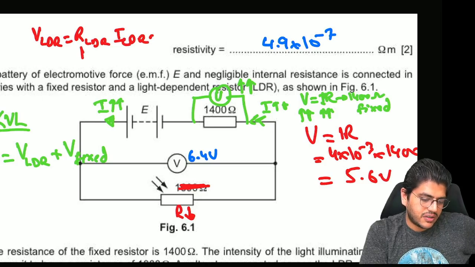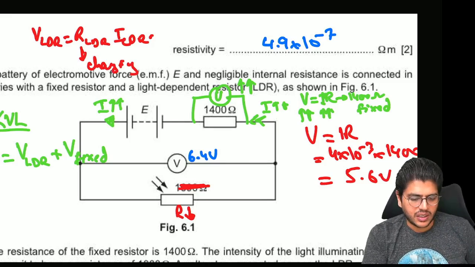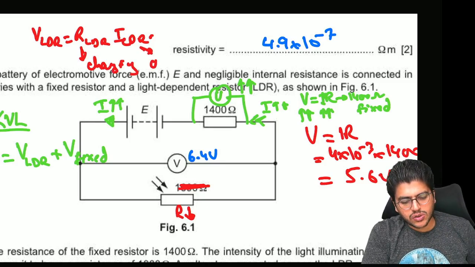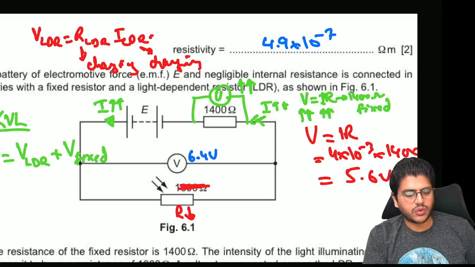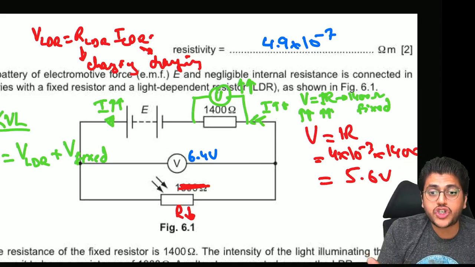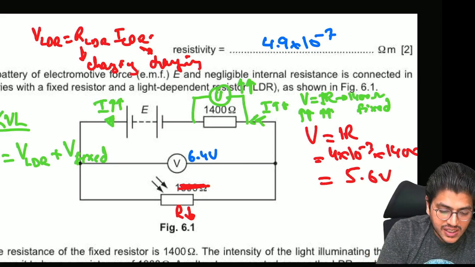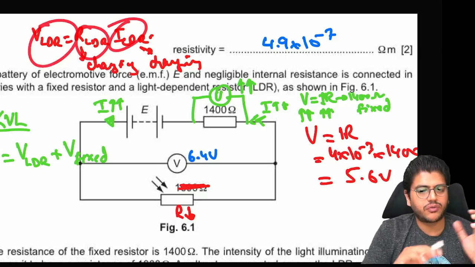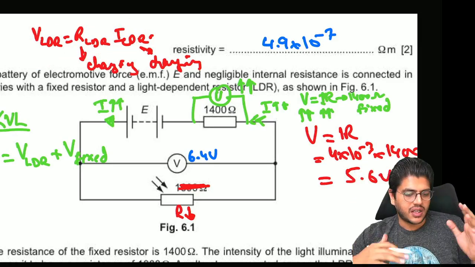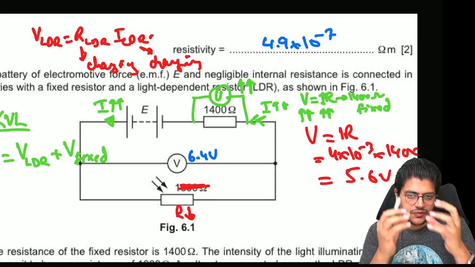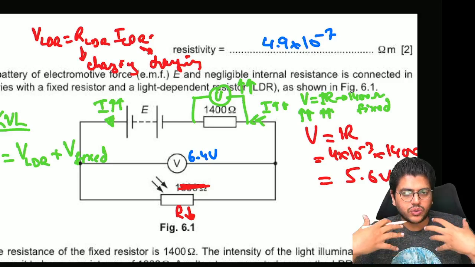Correct? And the resistance of the LDR is changing. It's decreasing, the question said. The current in the LDR is also changing because we know that the current will be more. So you can't directly jump to a conclusion. Both of these things are changing. So you can't say that the voltage will increase or decrease. You need a fixed or a constant value to make a conclusion.